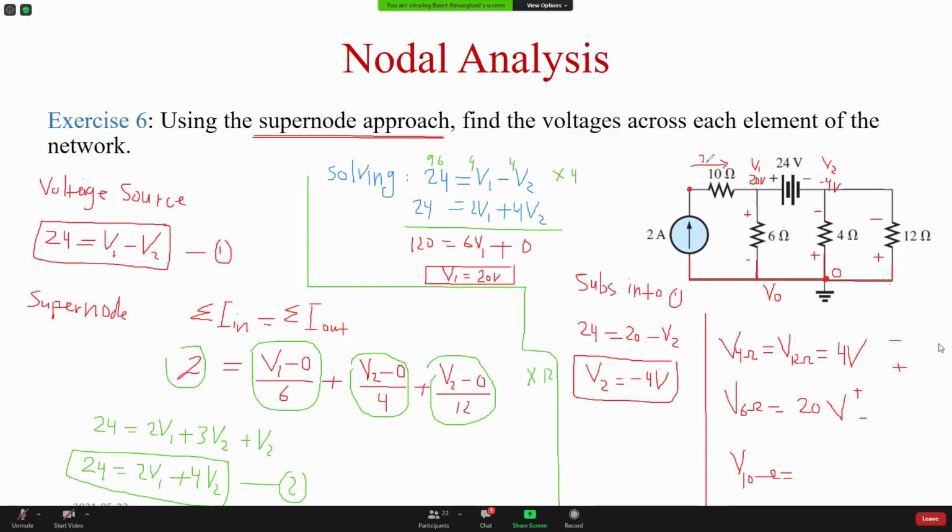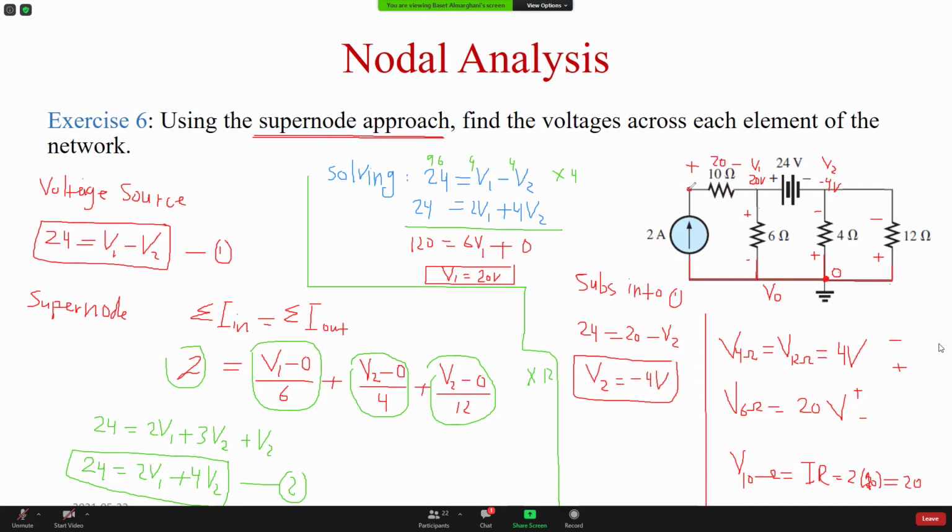So V equals I times R, 2 times 10, sorry. So it's 20. So the voltage here is going to be positive here, negative here, 20.